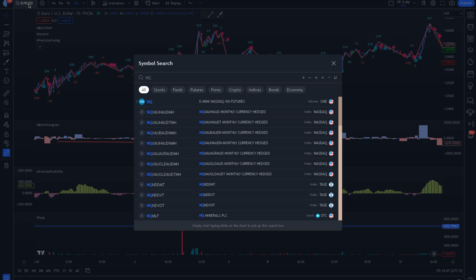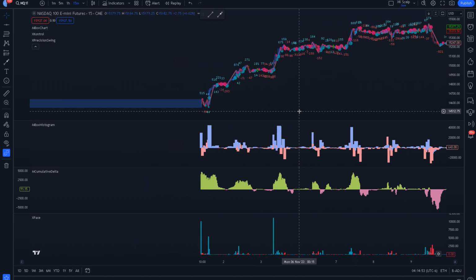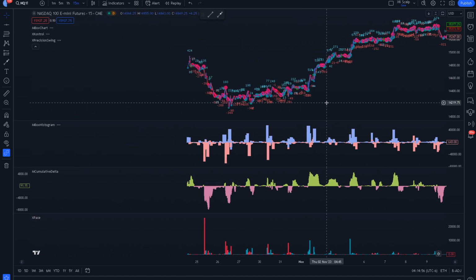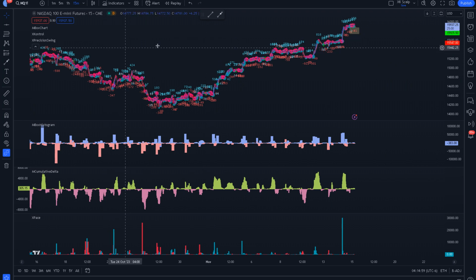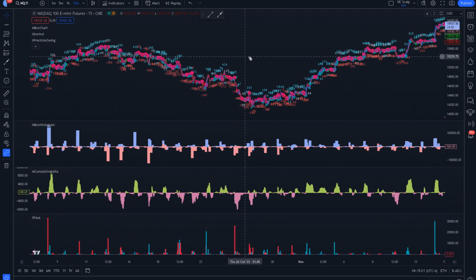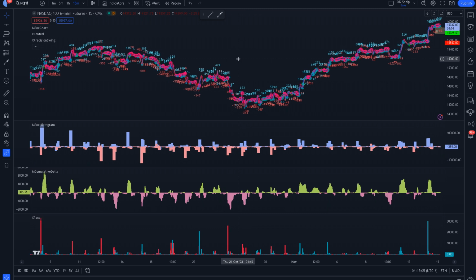Let's look at Nasdaq futures. All right. And I'm using the 15-minute time frame right now, for people that don't want too many signals or too many decisions to make, that only want it when something is going on.